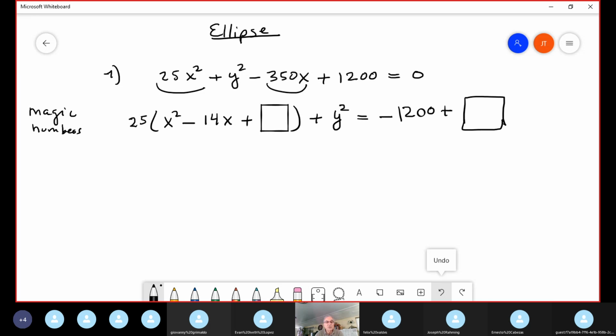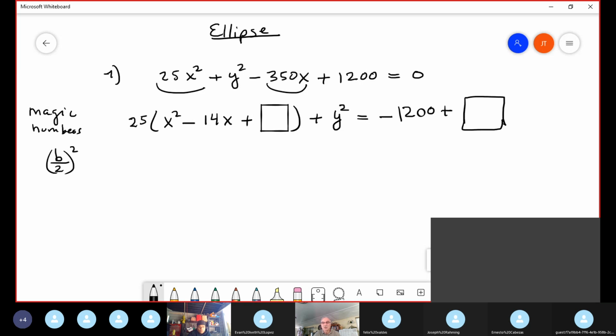Who can help me with the magic number? What's the formula to find the magic number that completes the square? Do you remember? It's b over 2 squared, like that. I remember I explained it before, and this is called algebra. 49.